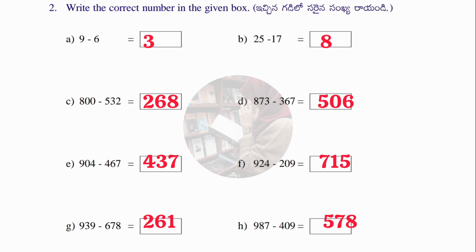Next one, 924 minus 209 is equal to 715. Next number, 939 minus 678 is equal to 261. Next one, 987 minus 409 is equal to 578.